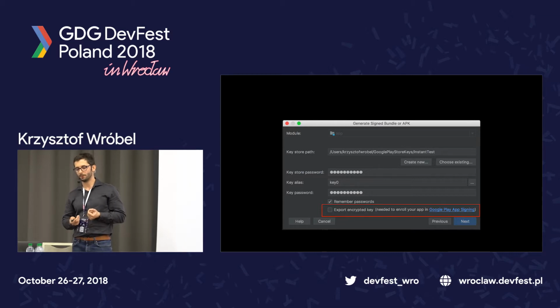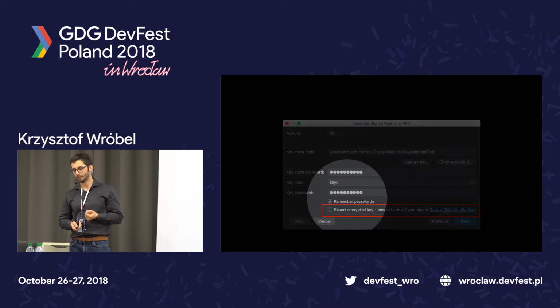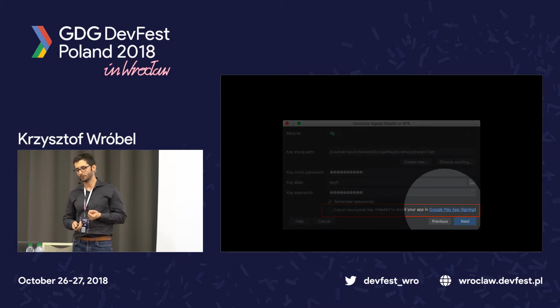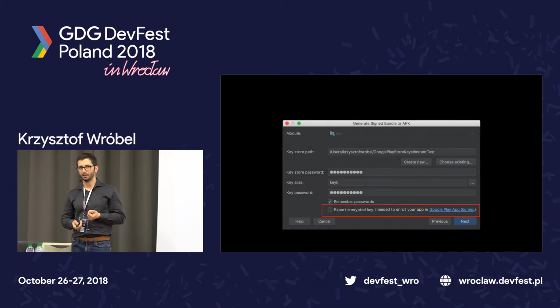There is one important thing you have to do if you want to build a bundle. You have to export the encrypted key, because this is how Google will later create these different versions of your APK.